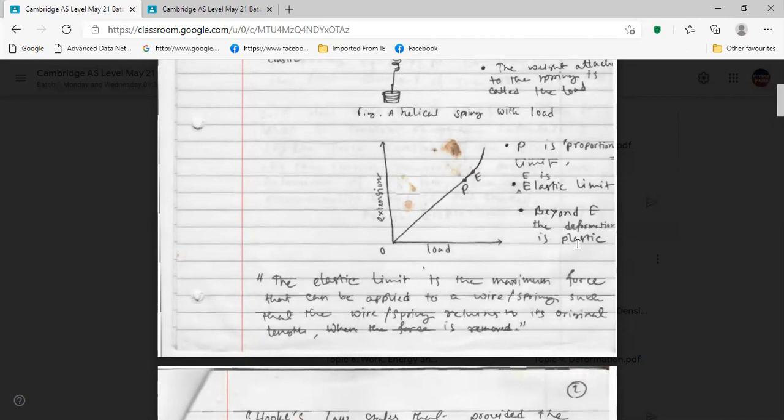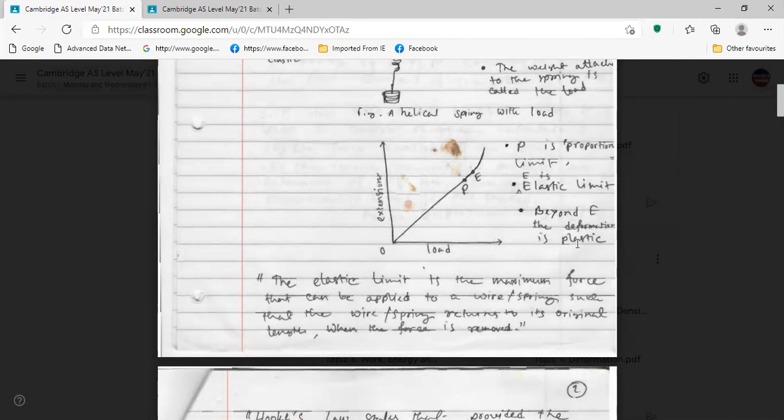Sir, I did not understand. Beyond E, the deformation is plastic means before E the deformation is elastic. Elastic means it will return to its original position.